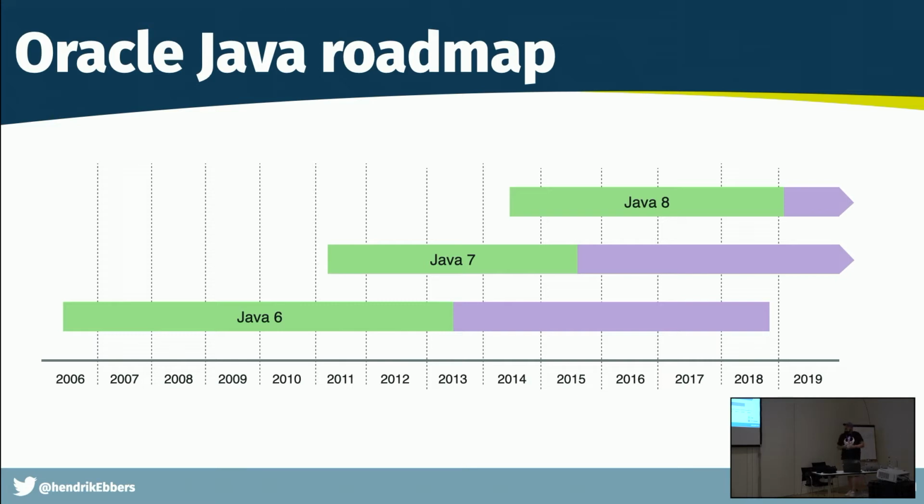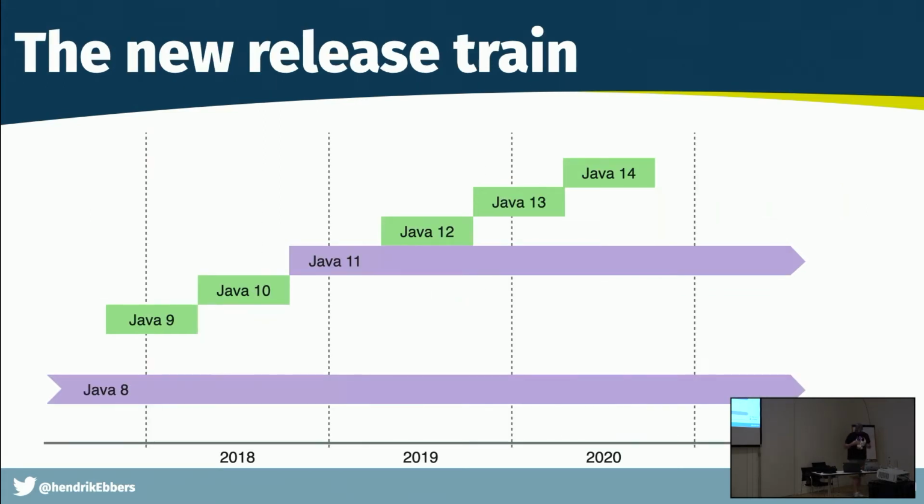And with the release of Java 9, the roadmap of Java has changed. It became more strict, and there was a better definition of the roadmap. Because the roadmap was defined like: okay, we will provide a release every 6 months. So 2 times a year, a new Java release comes out.